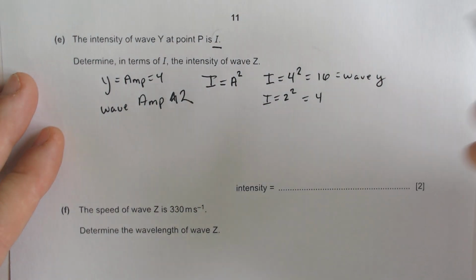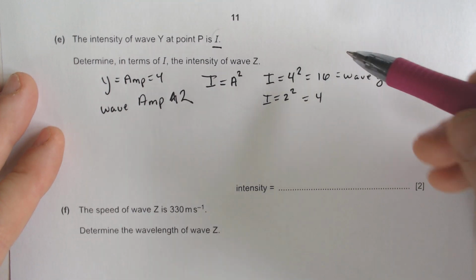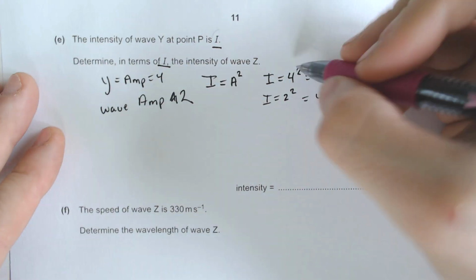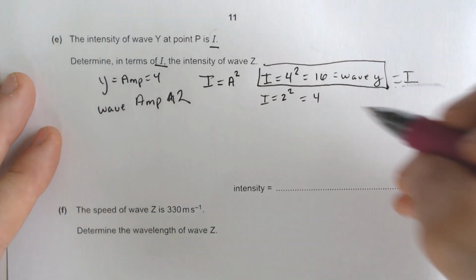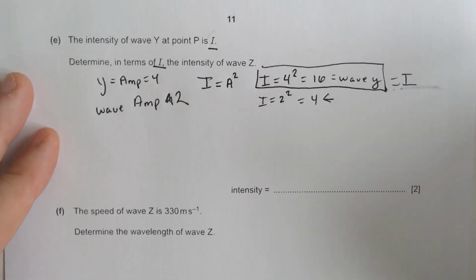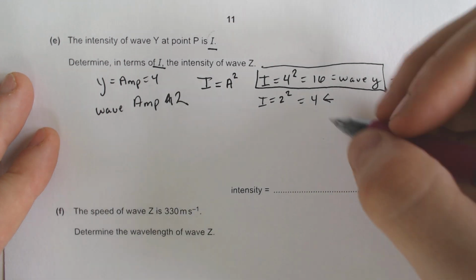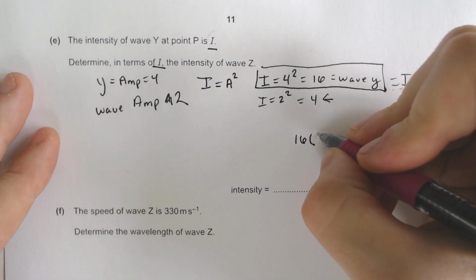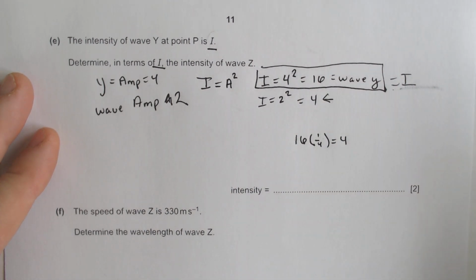Okay, well, what do I have to do to represent that? This original is what they are calling I. This is my new. What do I have to do to this original to get to the 4? Well, I would have to do 16 times 1/4 to get to 4. 4 is 1/4 of 16.